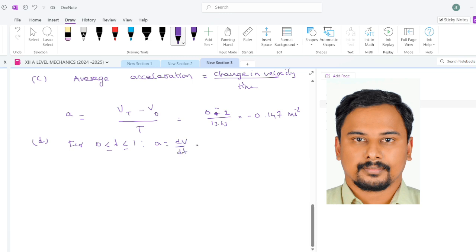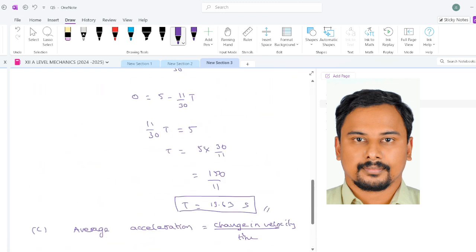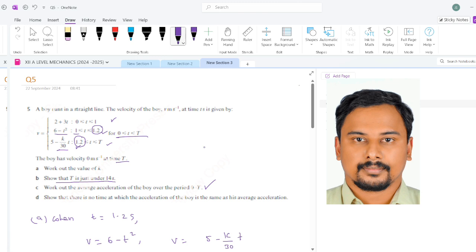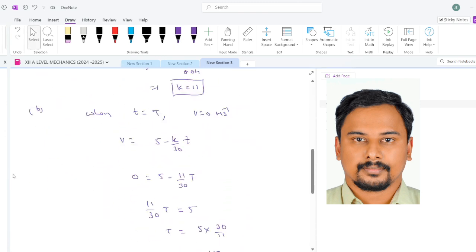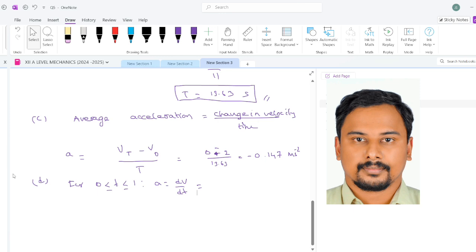What is the velocity equation given? d by dt of 2 plus t cubed, because 2 is constant, it will be 3 t squared. I'm directly writing the answer. This is not equal to minus 11 by 75 meter second power minus 2, or 0.147. So this is definitely not equal, which means this is not satisfying.